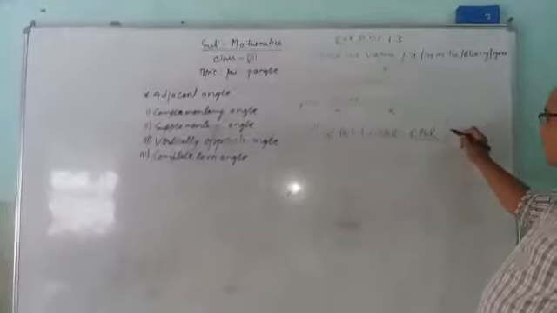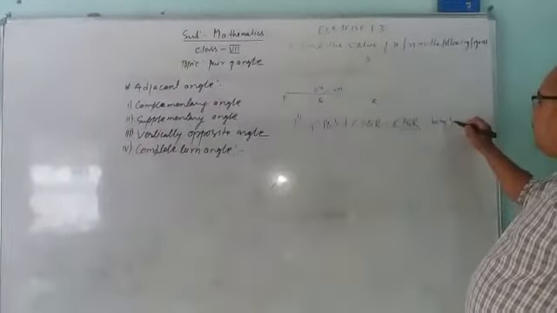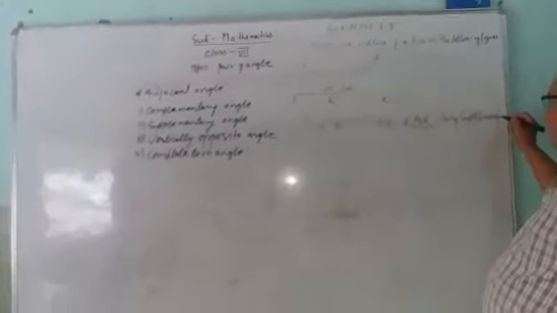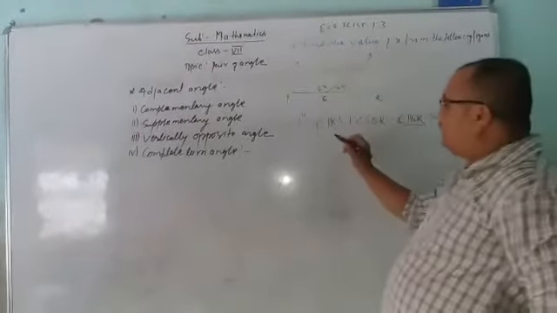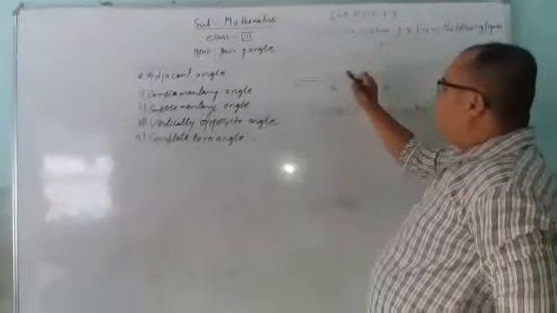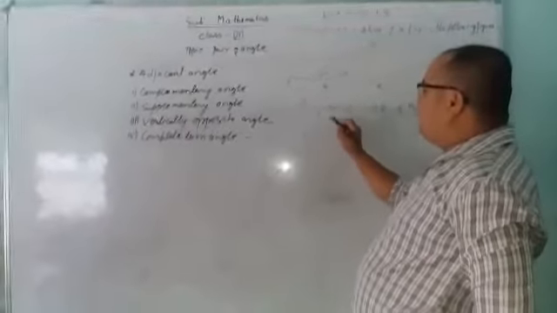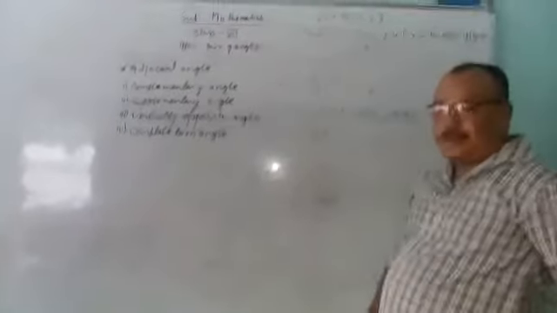So we write down here that this one is a supplementary angle. My dear students, see here, PQS is the angle whose measure is given as 6x. So instead of PQS, you write here 6x degrees.